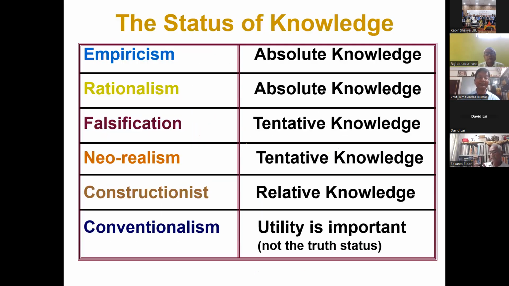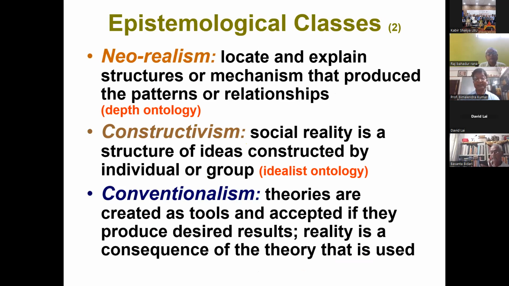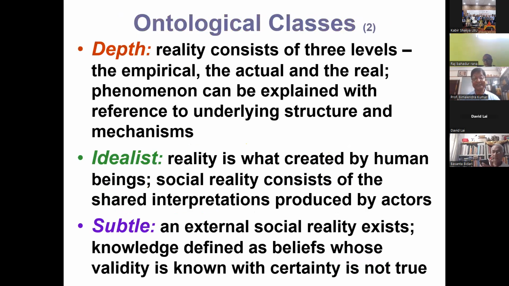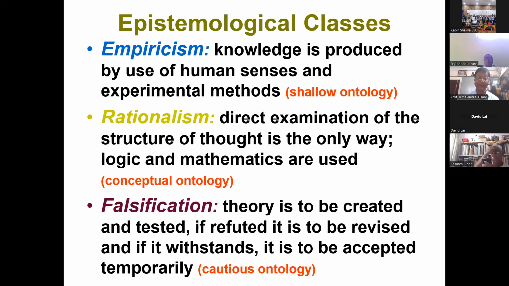So here you will see constructivism, how social reality is the structure of ideas constructed by individuals or groups. That is the idealist ontology. So we have seen that idealist ontology is here. Reality is what is created by human beings. Social reality consists of the shared interpretations produced by the actions.